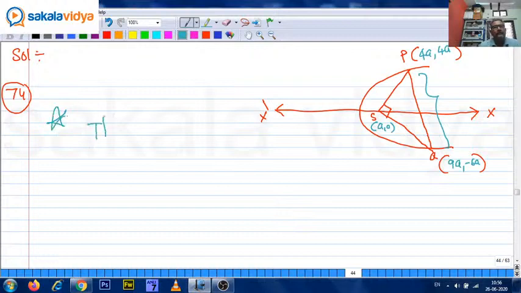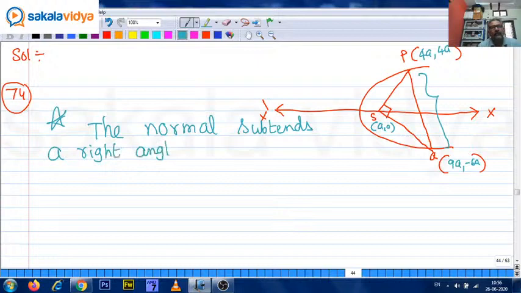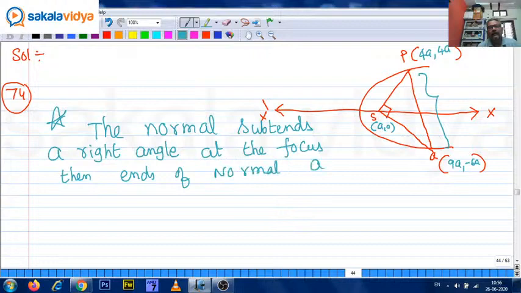The normal subtends a right angle at the focus, then ends of normal are P(4a, 4a).